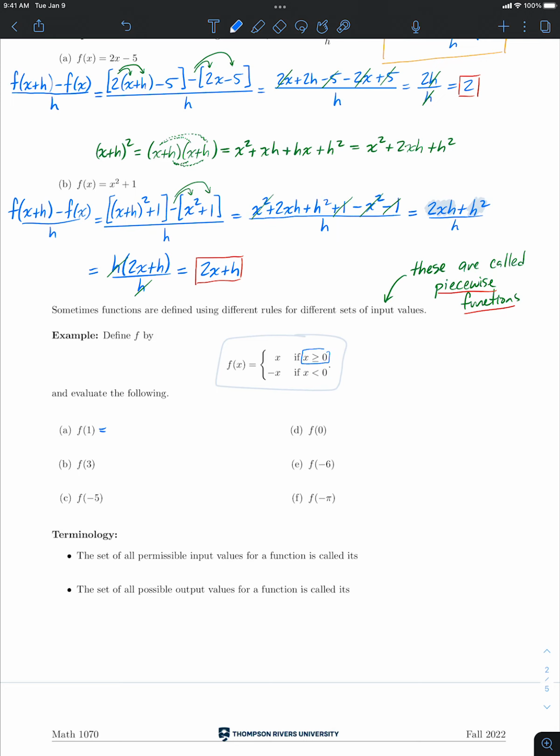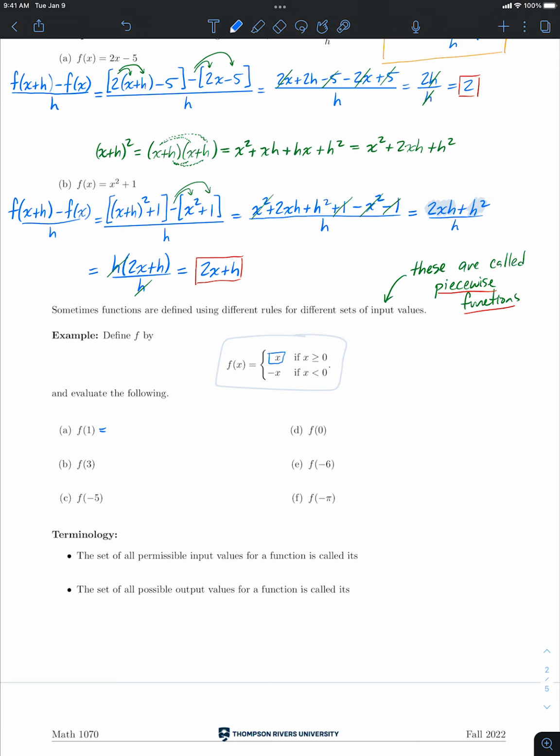And it's the top one, right? Because if you plug in 1, you get 1 is greater than or equal to 0. That's true. But if you plug in 1 here, you get 1 is less than 0, and that's not true. 1 is not less than 0; 0 is less than 1. It's the other way around. So because this is a true statement, we're going to use this as the rule to determine the output value.